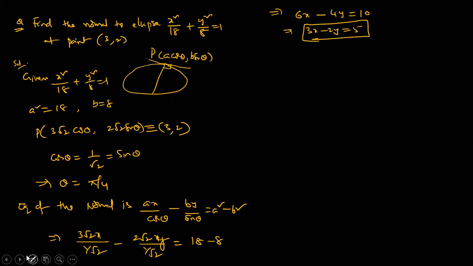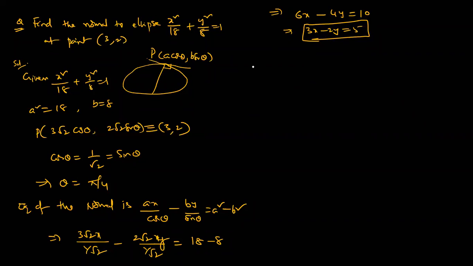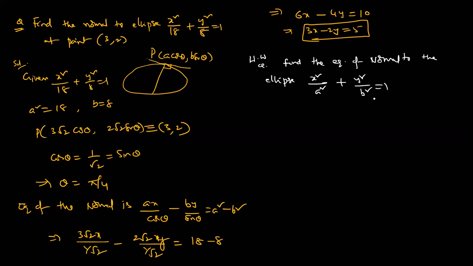So I'm giving one question to practice. One more question, dear students. Find the equation of the normal to the ellipse x square by a square plus y square by b square is equal to 1 at the positive end of the latus rectum.